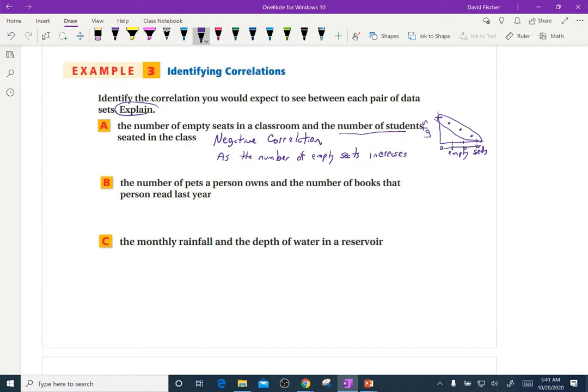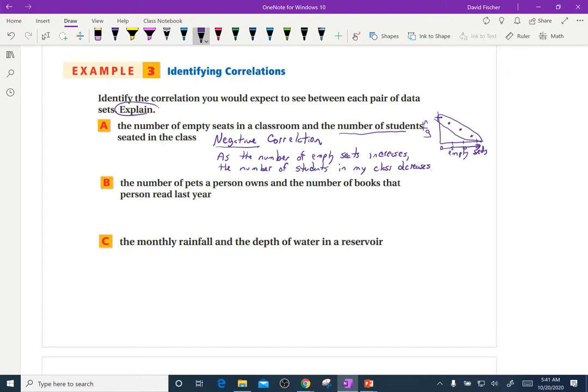As these guys increase, so put a comma, the number of students in my class decreases. And that would give me a negative correlation. Okay, so sometimes you might make a little graph over here.